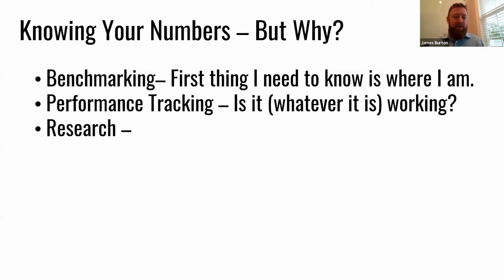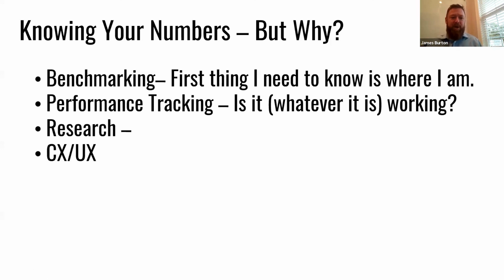So we can use it for research. We can use this to get a better idea of customer research. One of the most important things for a brand to know is what our customer actually looks like. Who is our customer? What are they interested in? What are they like? We can get some customer research out of our Google Analytics.